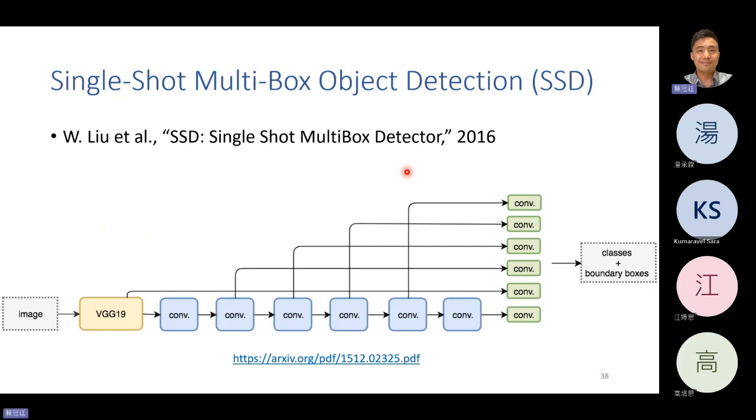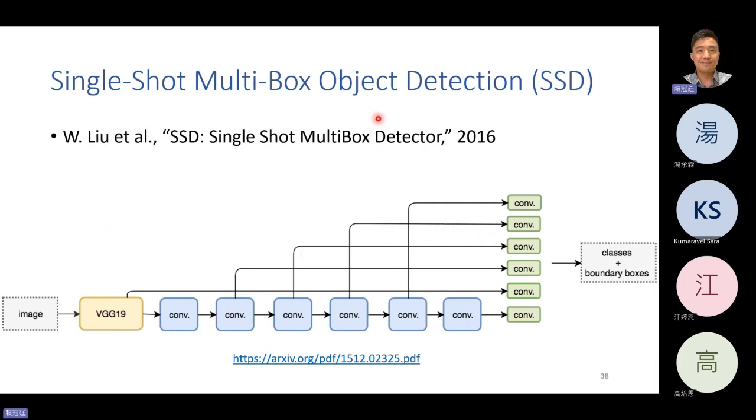As I said, objects can be far away or very close, very small or large. So we need to detect objects at multiple scales. However, a convolutional neural network is naturally a multi-scale architecture, like a pyramid, because we do max pooling. Every time we do max pooling, the feature map becomes 1/4 of the original size, right?